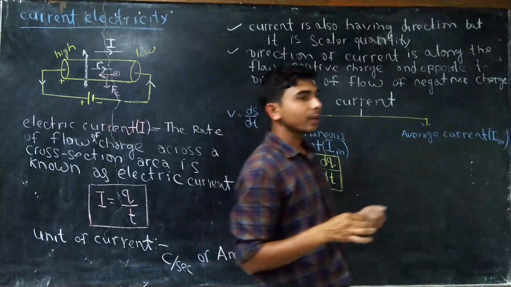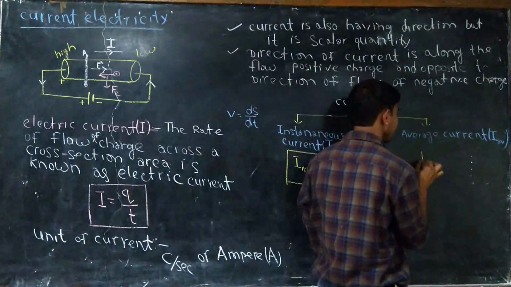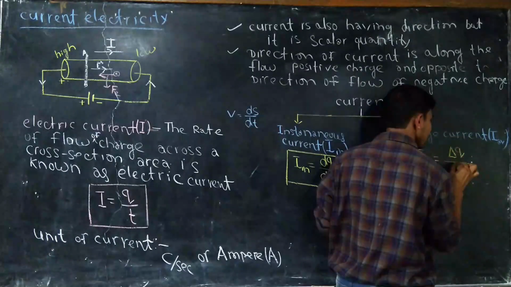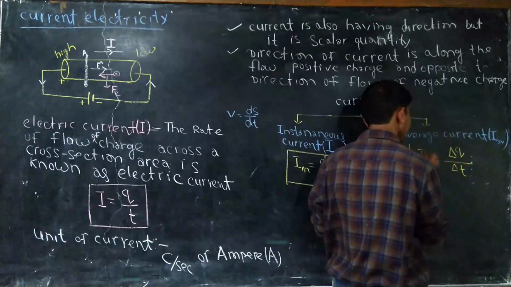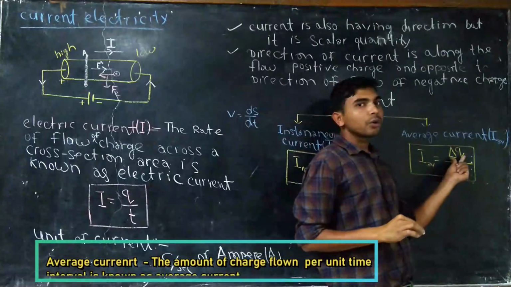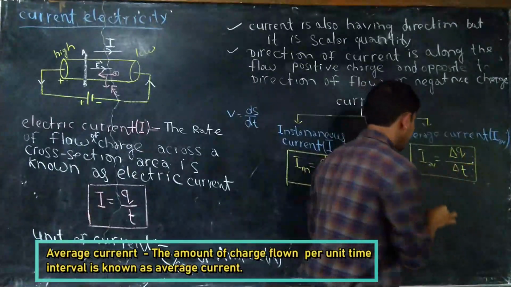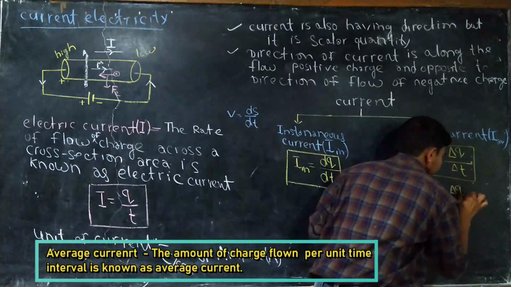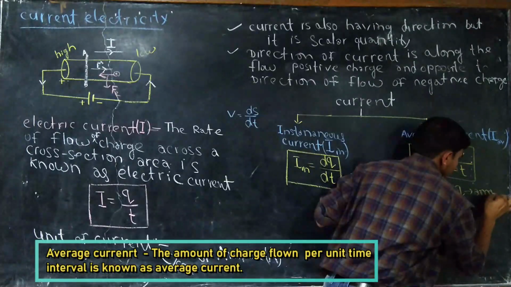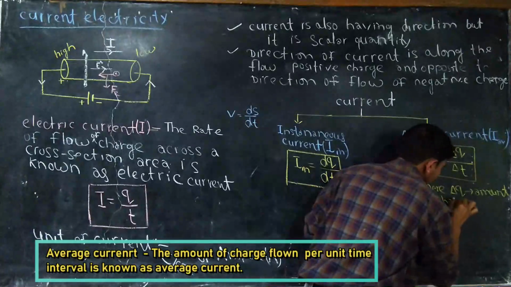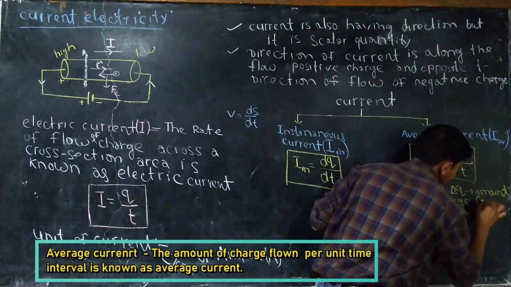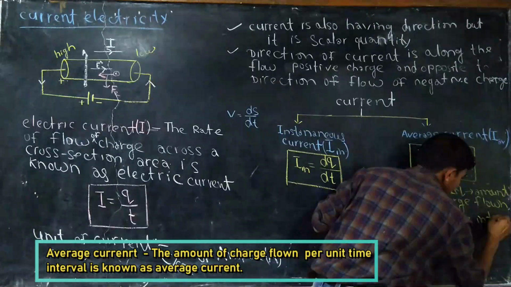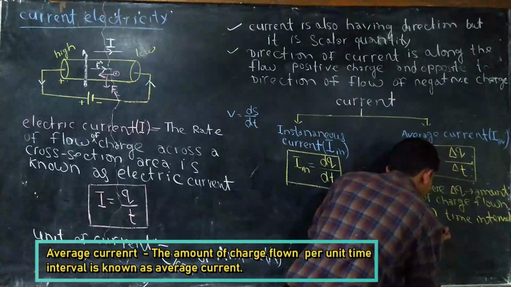Similarly we can write for average current: I average is equal to delta q by delta t, where delta q is the amount of charge flown in time interval delta t.